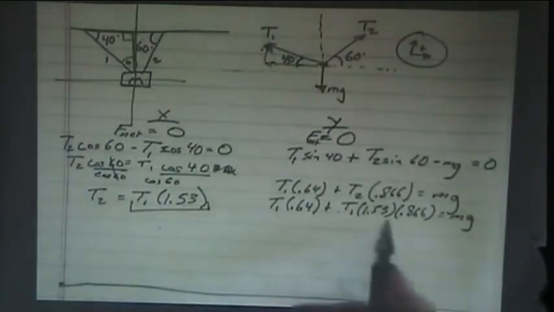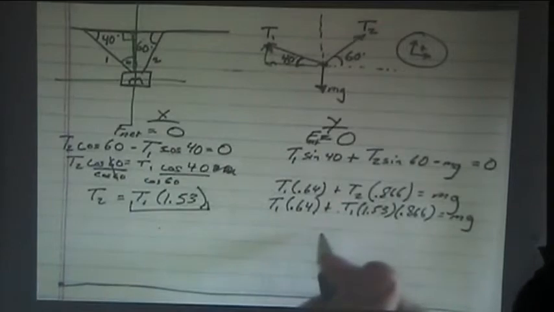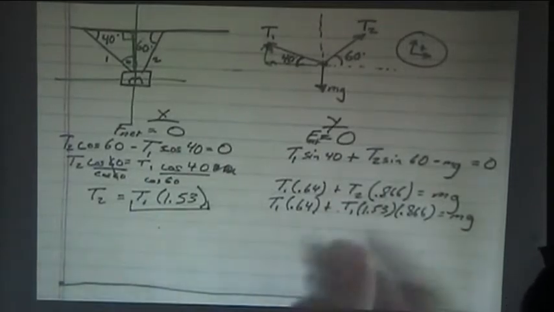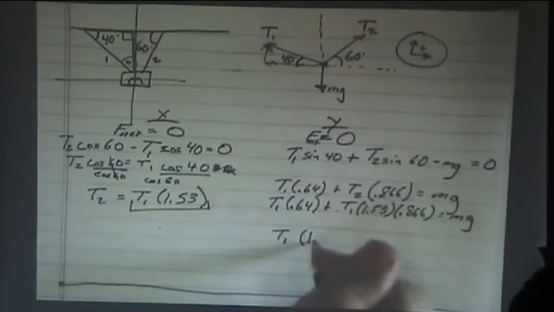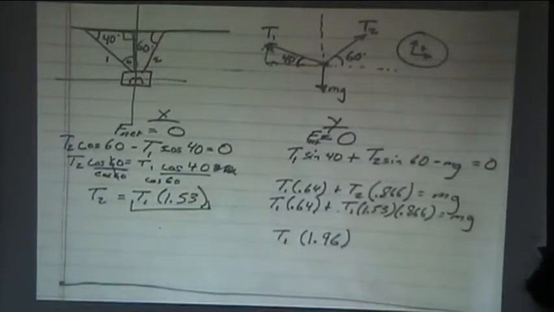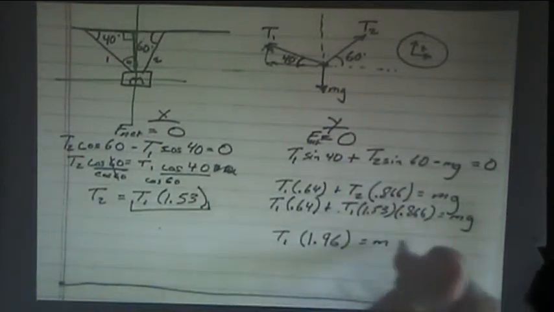So what I can do here is just do a little bit of order of operations, multiply first, and then combine similar terms, and that's going to turn into T1 times 1.96 equals mg, and I'll go ahead and put in the 9.8.